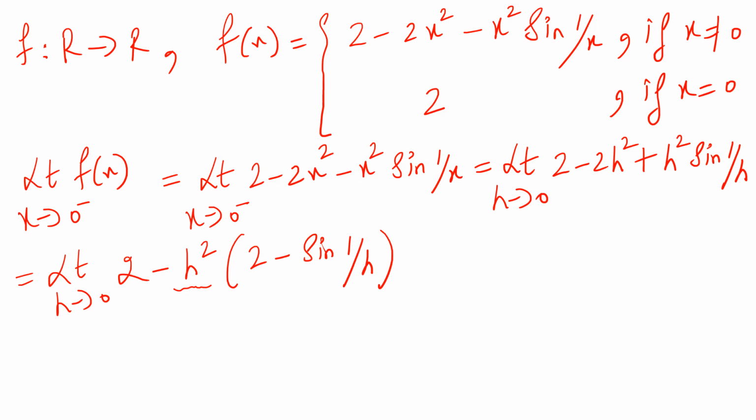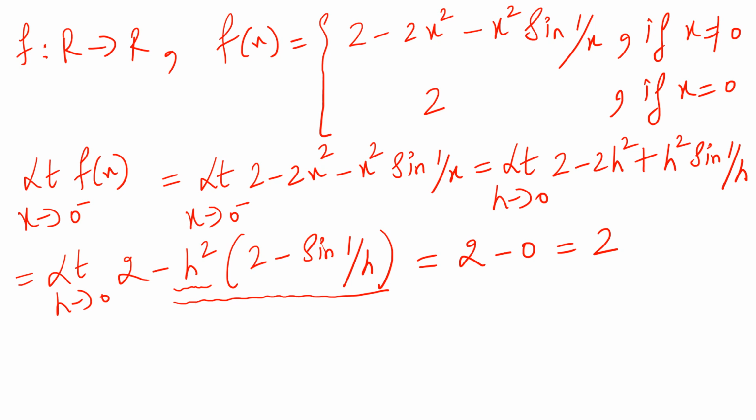But the value of sine of 1 upon h will be a finite number lying in the closed interval minus 1 to 1. And when such a number is subtracted from 2, clearly we get a number lying in the closed interval 1 to 3. And again, when such a number is multiplied with a very small number approaching 0, then clearly the product also approaches 0. So that means the value of the limit is 2 minus 0 or equal to 2.